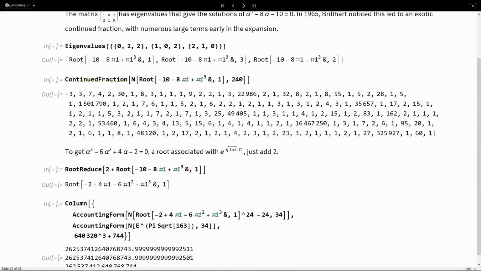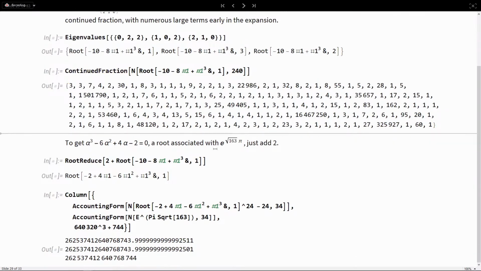If you look at the continued fraction, you get these huge values unexpectedly. Well, it turns out that's because it's equivalent to e to the square root of 163 times pi, which is a very weird number in number theory.